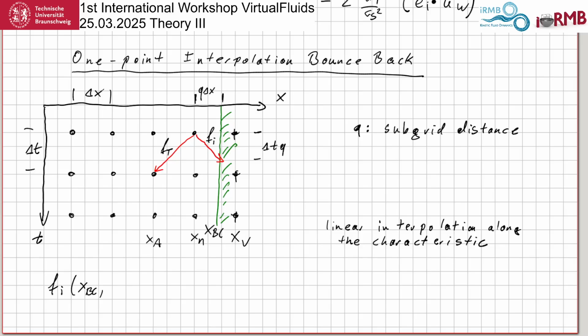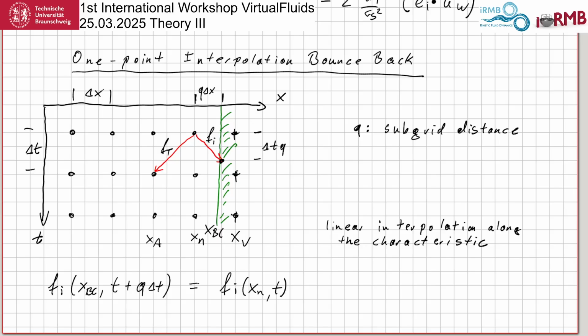This arrives after t plus q delta t, because it is at this location in time, is equal to fi at xn and t. Okay, let's just say no vector.